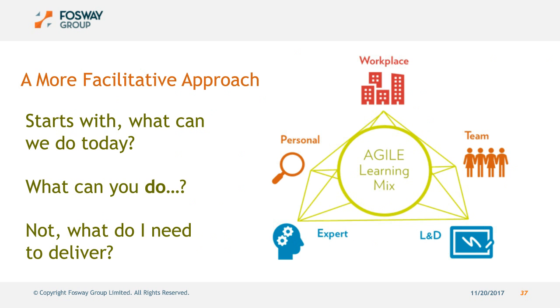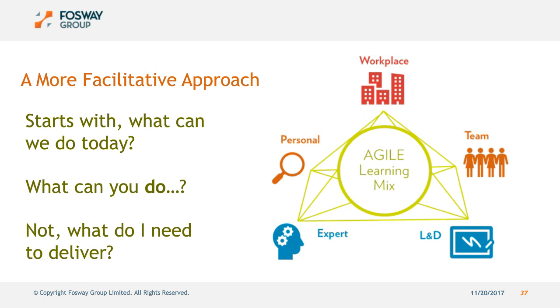But invariably, if you think about an agile learning mix and think about just freeing up the experience, you can start with questions like, what can we do today? What can you do now? Not what do I need to deliver? That might be part of the story going forward, but it means that you start to take a much more facilitative approach. Now, the problem is most learning organizations are tethered to traditional business units who expect training to be delivered at a particular time in a particular place.